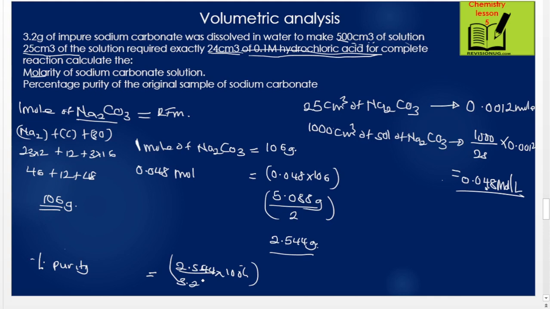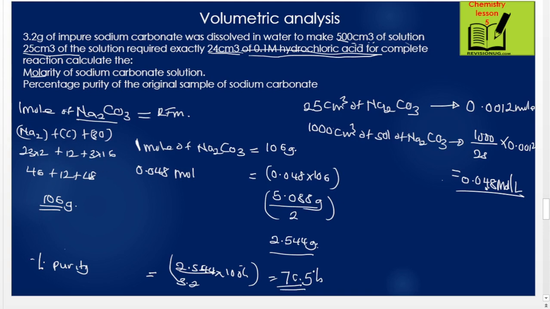This gives us 0.79, then times 100%. Then it is 79.5%. So the percentage purity is 79.5%. Alright, that is volumetric analysis.